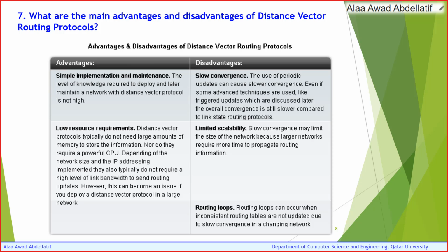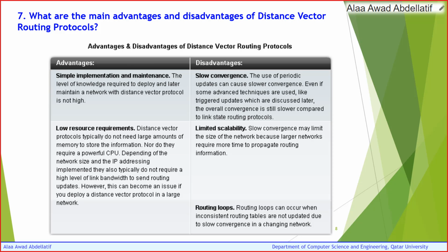On the other hand, the disadvantage is slow convergence, because link state routing protocols converge faster than distance vector. The distance vector has slow convergence and limited scalability because of this slow convergence. It may limit the size of the network, because in a very large network it will take a very long time to reach convergence.